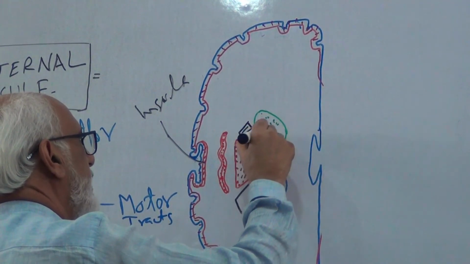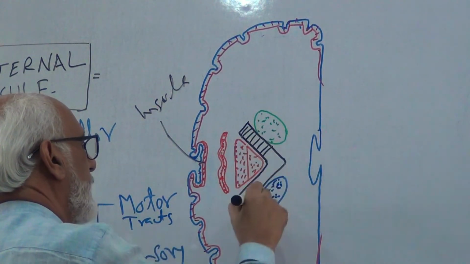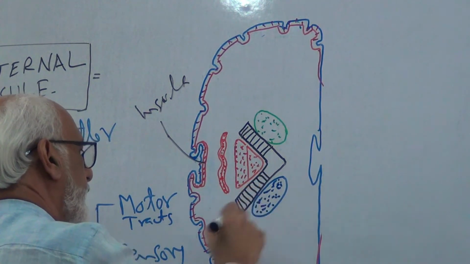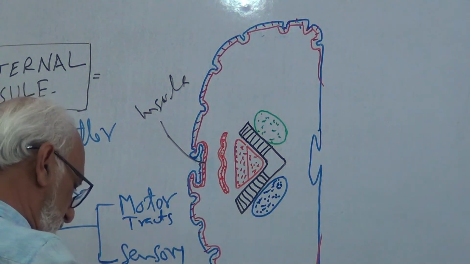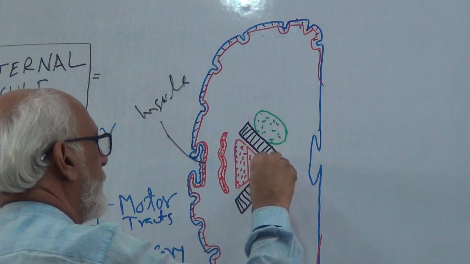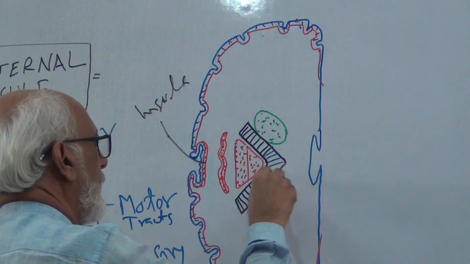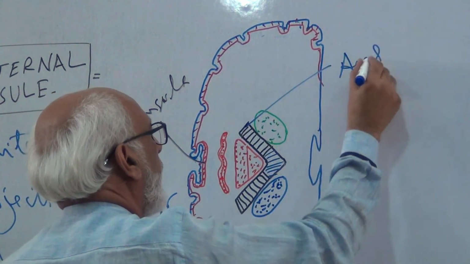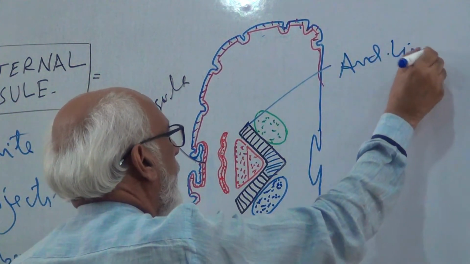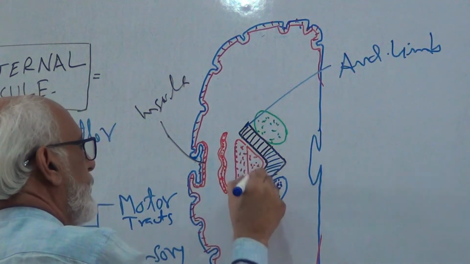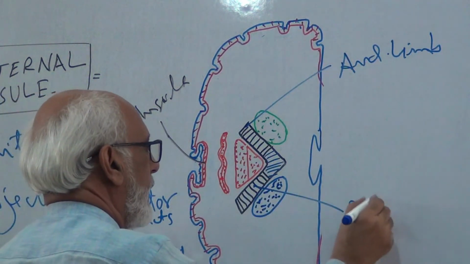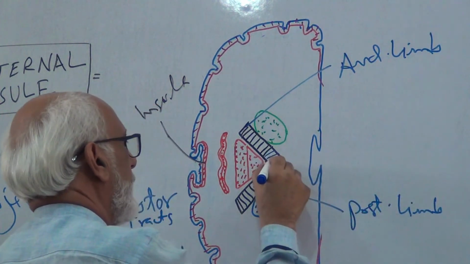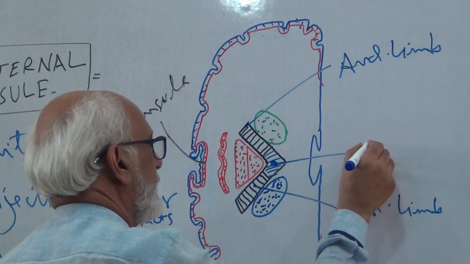This is anterior limb, this is posterior limb, and this is genu. Anterior limb of the internal capsule, posterior limb of the internal capsule, and here in the middle is the genu.